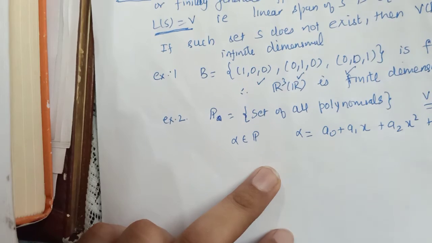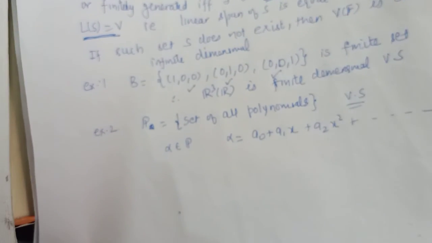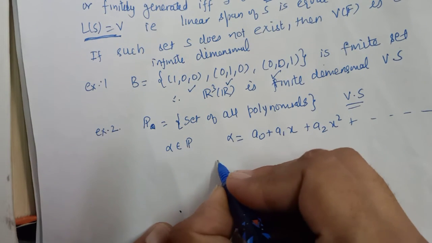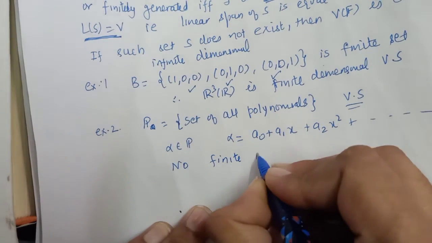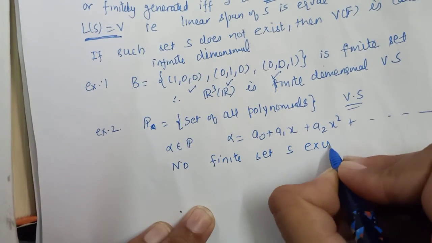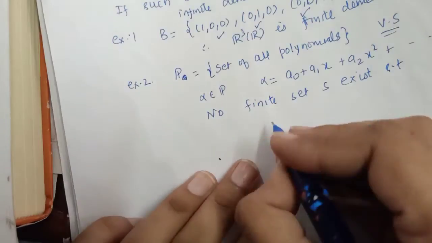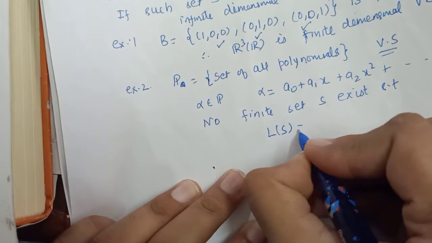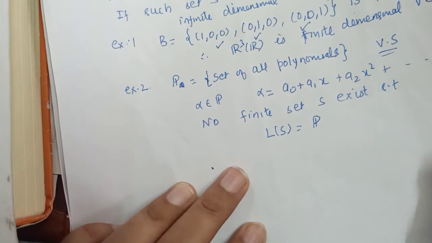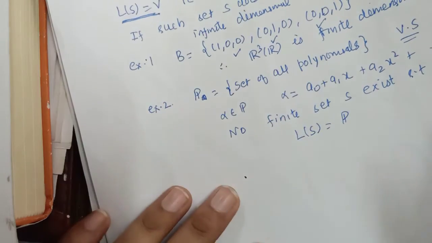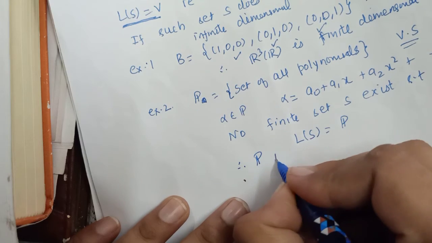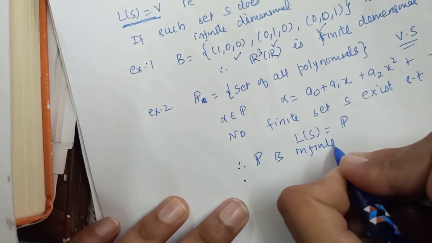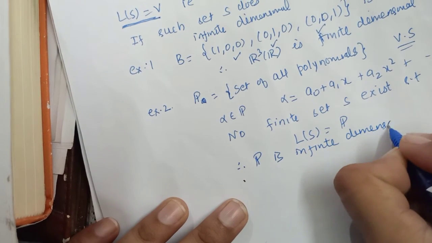We do not know what is the limit of maximum power possible. So we are unable to find a finite set S such that this P can be written as linear combination of those elements. So this set P of polynomials is an infinite dimensional vector space.